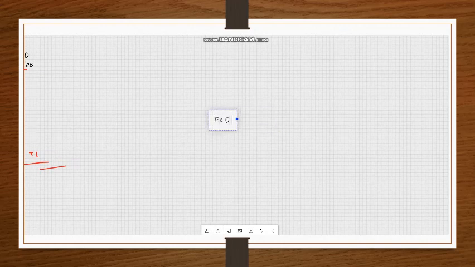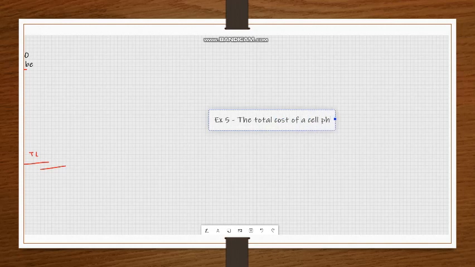Example 5. The total cost of a cell phone again is estimated to be 2,750 Turkish lira.